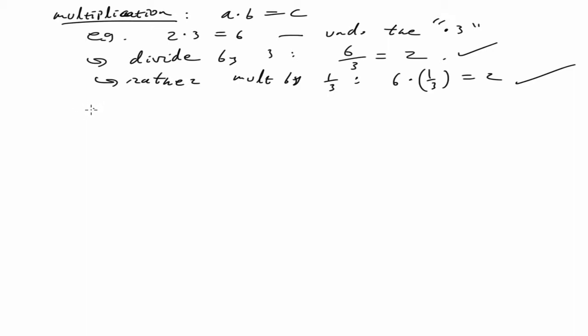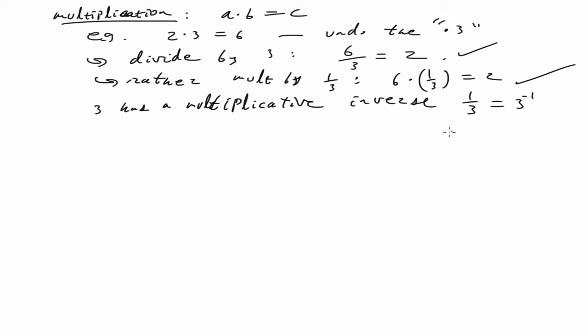So what we say now is that 3 has a multiplicative inverse, 1/3. We can also say this is 3 to the negative 1. All right. In fact, any non-zero number has a multiplicative inverse.